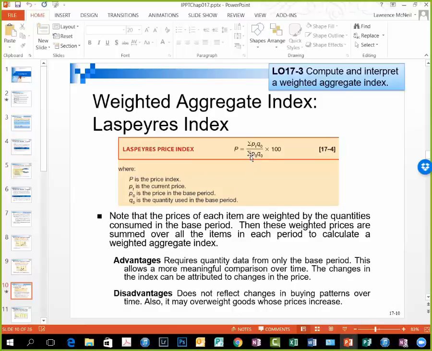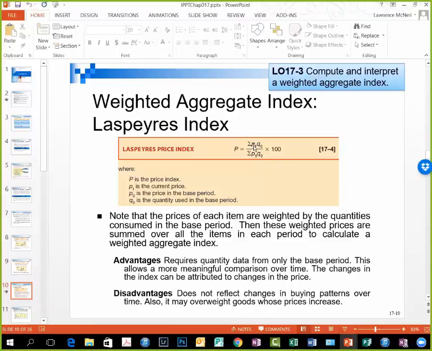So if we're interpreting, let's look at the denominator here. The price, and that price is going to be in the base period. The base period is going to be your earlier year. So P0 is going to be the earlier year for prices, and Q0 is going to be the earlier year for the quantity.